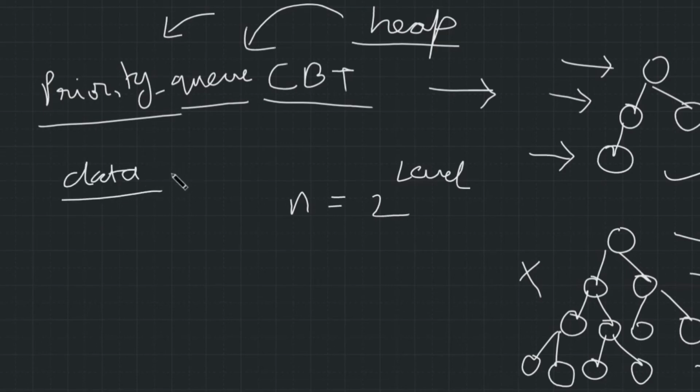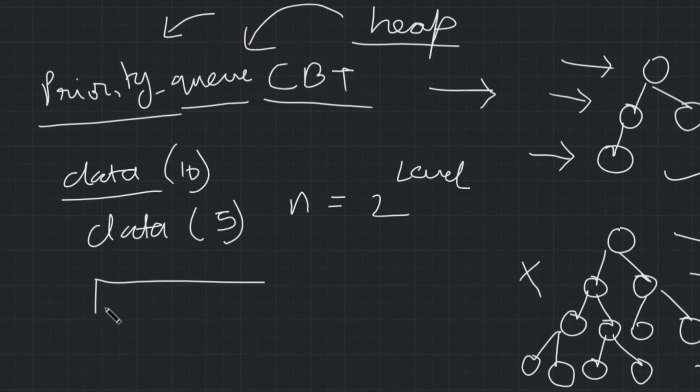Suppose the priority of this data is 10, and some other data has priority 5. To store it in the queue, we store it as per the priority value. The higher the priority value, the sooner the data will be processed. Generally, to create a priority queue, we need the heap data structure.